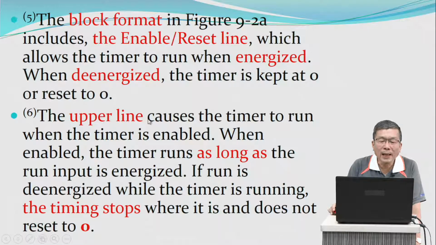The upper line causes the timer to run when the timer is enabled. When enabled, the timer runs as long as the run input is energized. If run is de-energized while the timer is running, the timing stops where it is and does not reset to 0.